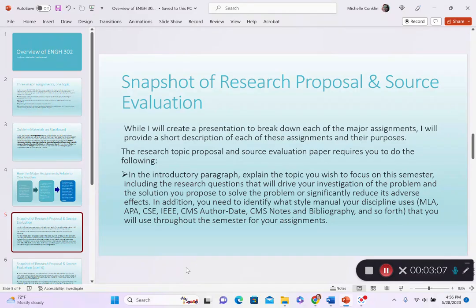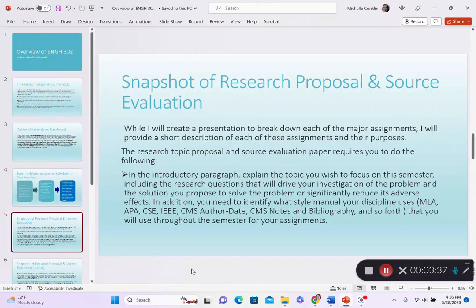While I will create a presentation to break down each of the major assignments, I will provide a short description of each of these assignments and their purposes. The research topic proposal and source evaluation paper requires you to do the following. In the introductory paragraph, explain the topic you wish to focus on this semester, including the research questions that will drive your investigation of the problem and the solution you propose to solve the problem or significantly reduce its adverse effects.